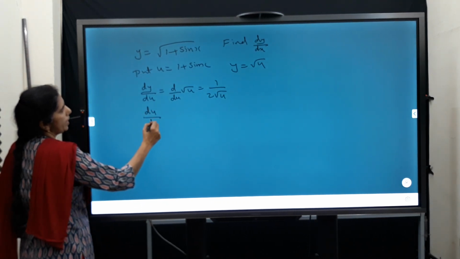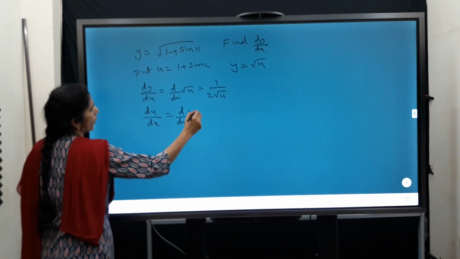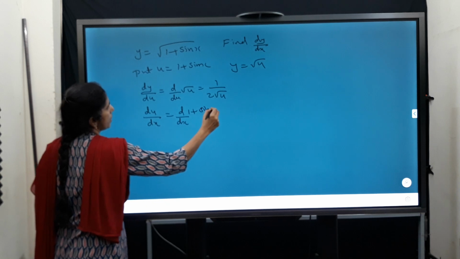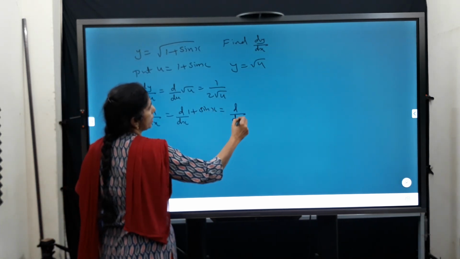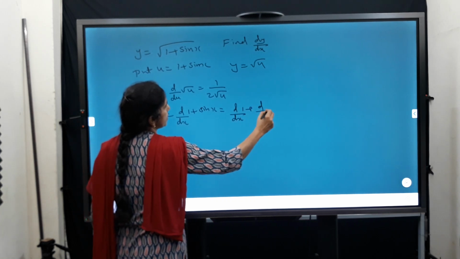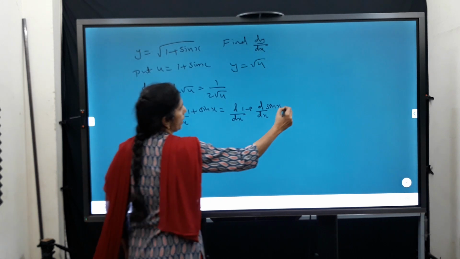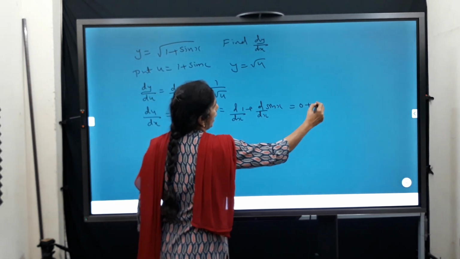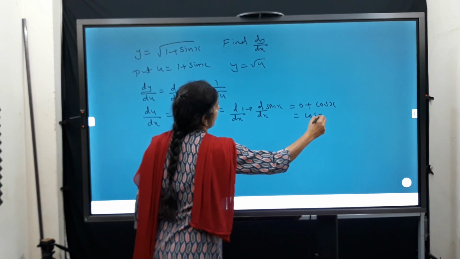And du by dx equal to d by dx of 1 plus sin x, that is equal to d by dx of 1 plus d by dx of sin x. D by dx of 1 is 0 and d by dx of sin x is cos x.